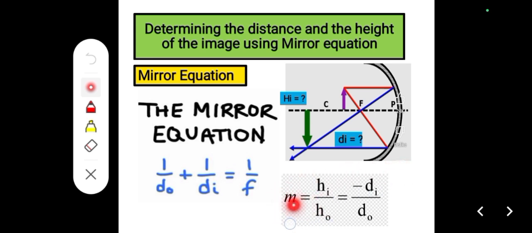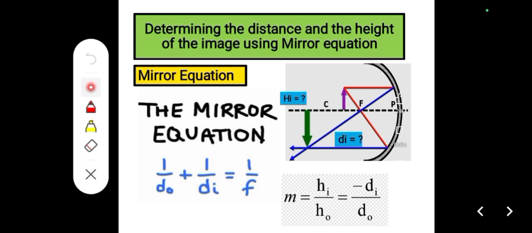That can be achieved if you divide hi, the height of the image, over ho, the height of the object. Comparing the height of the image and the height of the object, dividing the two will determine the magnification.